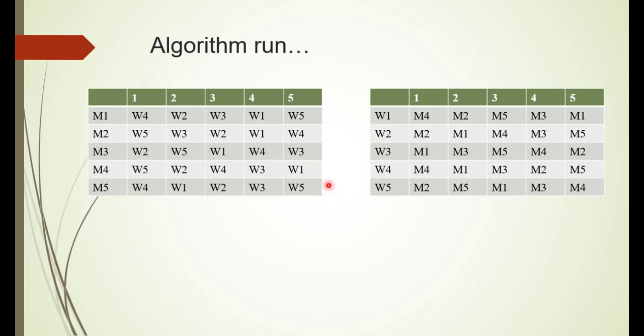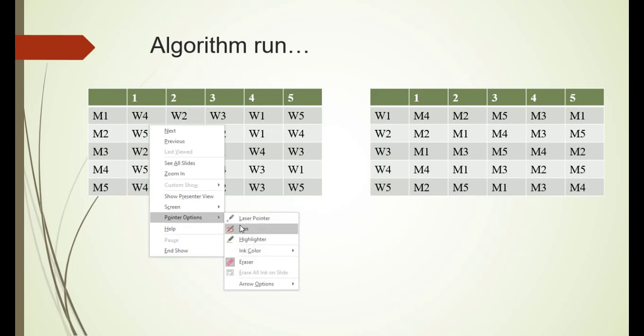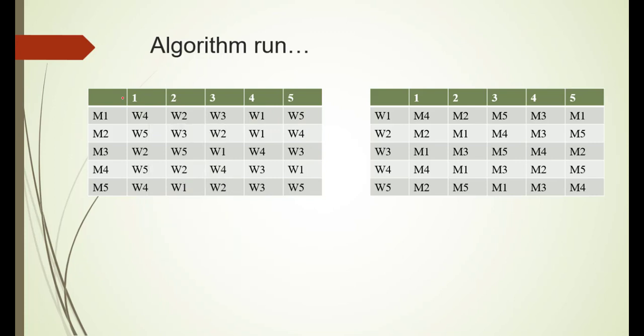Suppose we have a list of 5 men and a list of 5 women. Each one has a preference list over the other group. As we mentioned in the algorithm, first M1, or man 1, proposes to woman 4. Since woman 4 doesn't have any offer, she accepts the offer from M1.